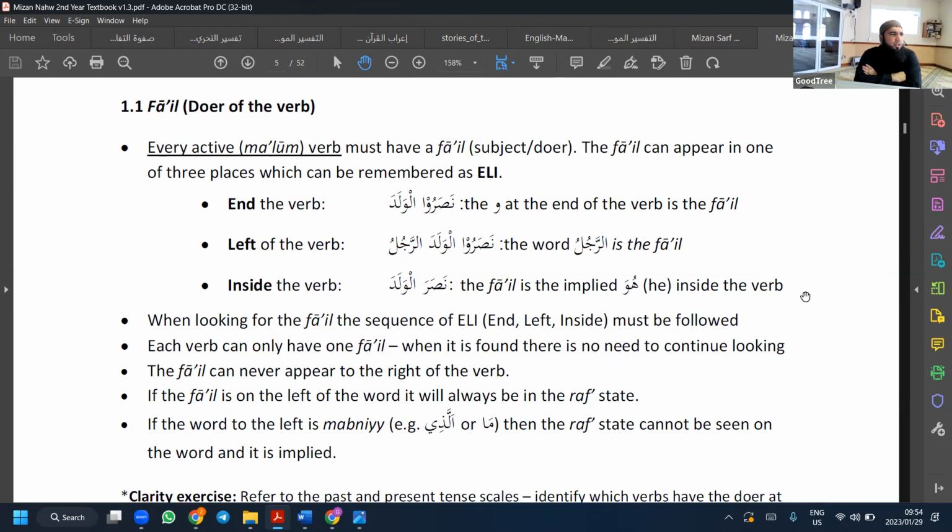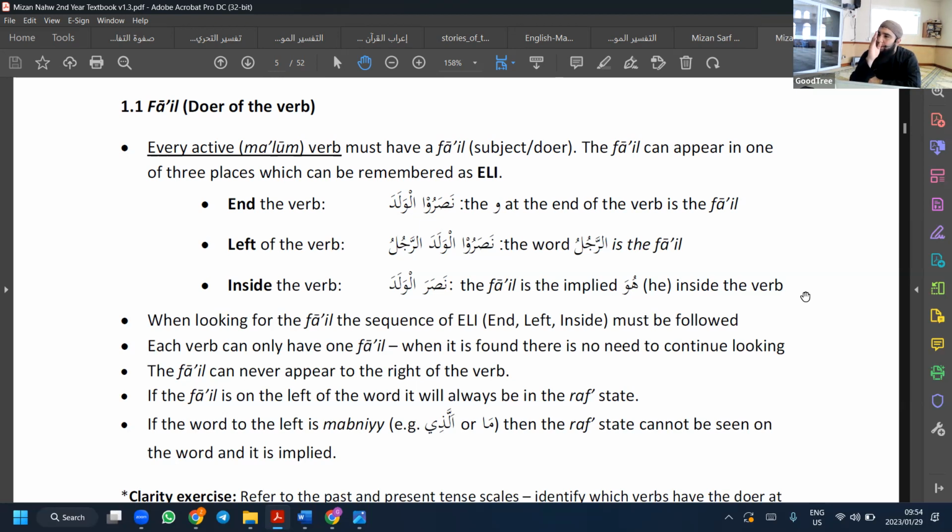But now you may say, well, what if I say جاء أحمد وزيد? What does that mean? Ahmad and Zaid came. But what's our rule? There will only be one thing that will be called the fa'il, that fulfills the function of fa'il.